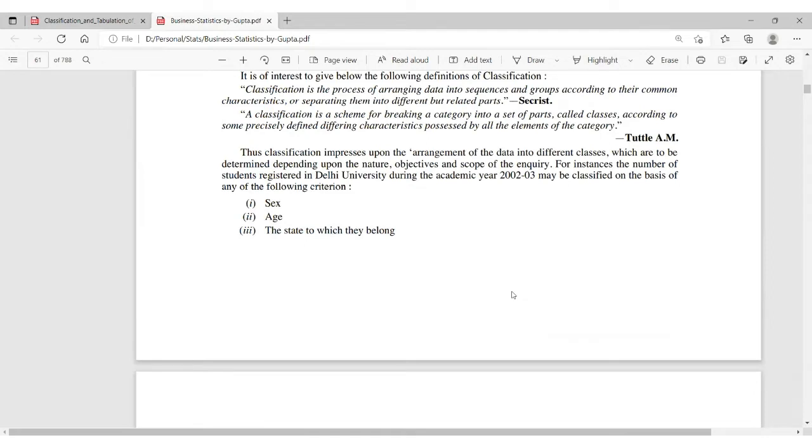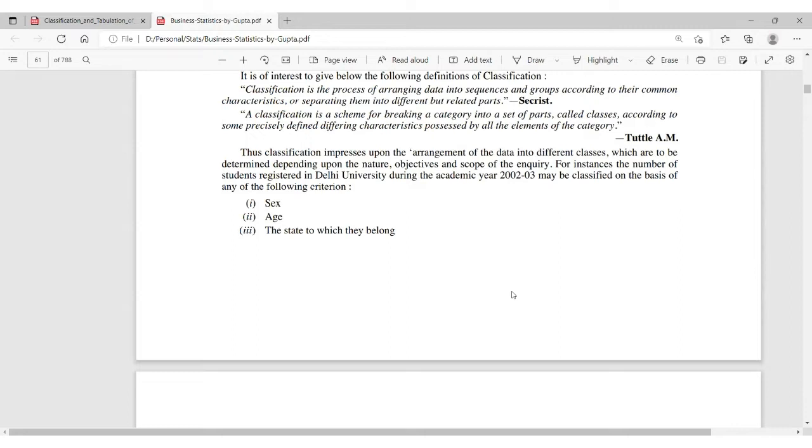For example, you have seen while registering in DU or any university, when you fill the form, what do you mention? First of all, your name, then father's name, mother's name, your address, then sex, male or female, and age.